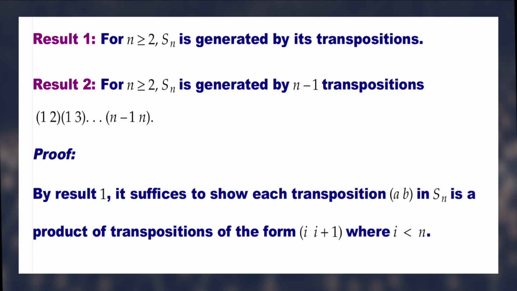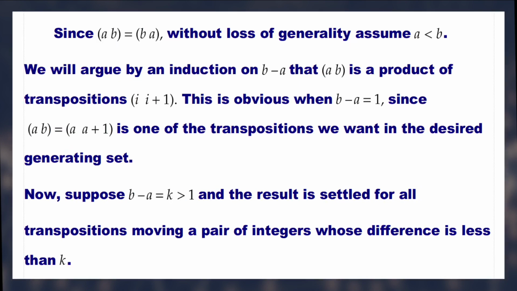Let us prove it. By result 1, it suffices to show each transposition (a b) in Sn is a product of transpositions of the form (i, i plus 1), where i is less than n. Since (a b) is equal to (b a), without loss of generality assume a is less than b.